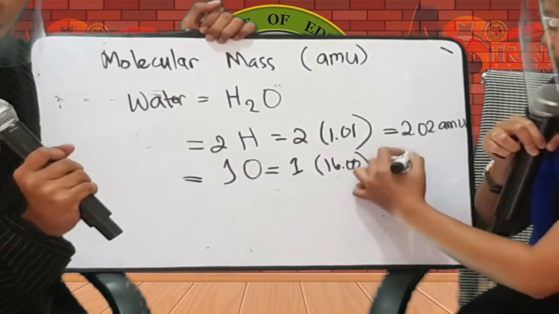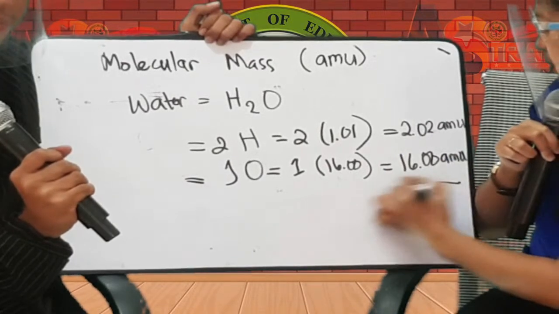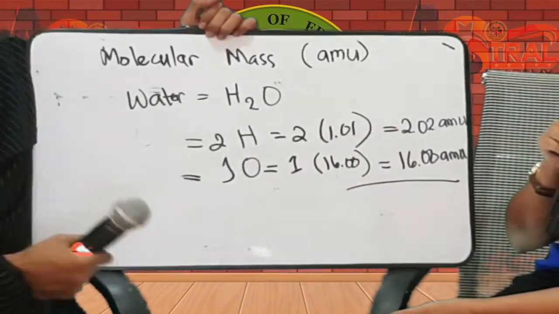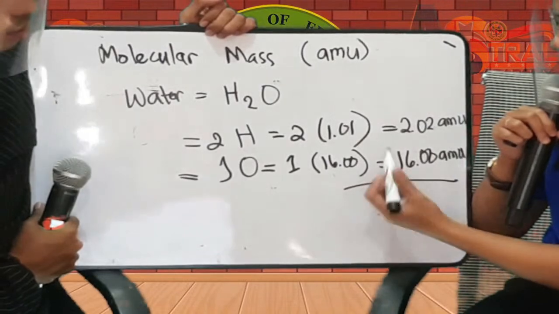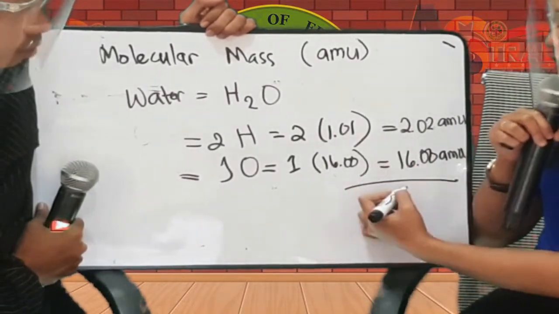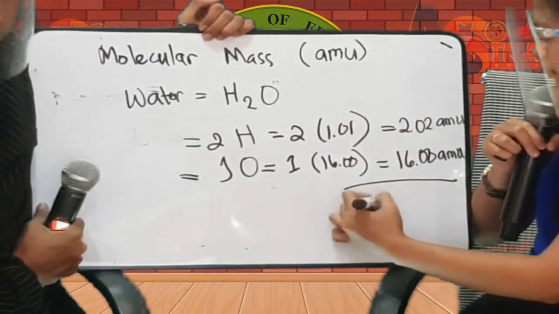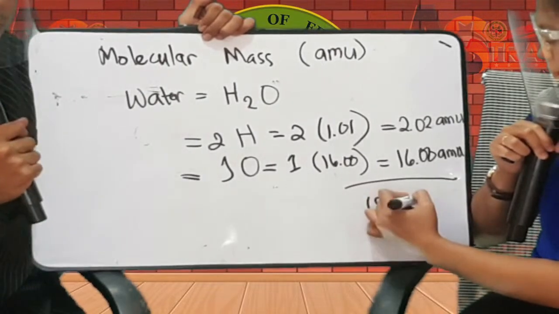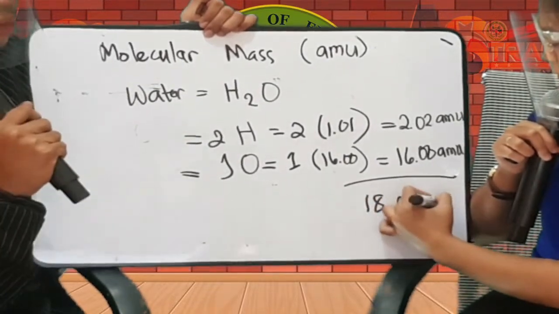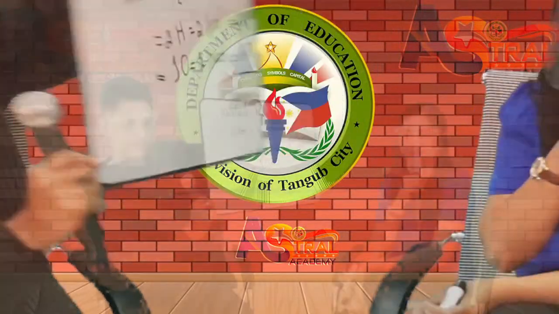Therefore, we have 16 AMU. Therefore, the molecular mass of water is the sum of the 2 atoms of hydrogen, which is 2.02, and 1 atom of oxygen, which is 16. So the total is 18.02 AMU. Okay?